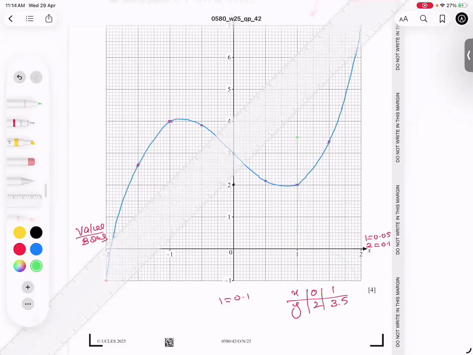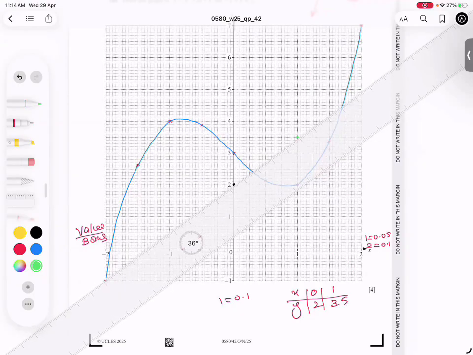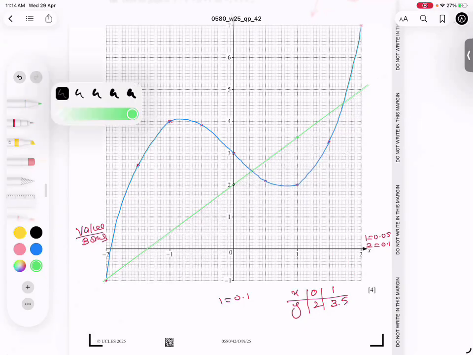Now, student, I'm taking a scale and joining them. I hope you understood very well. Now I put arrows on both corners. Now it cuts the curve at 3 points.